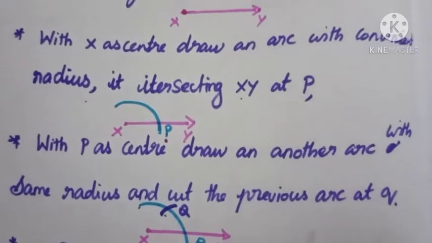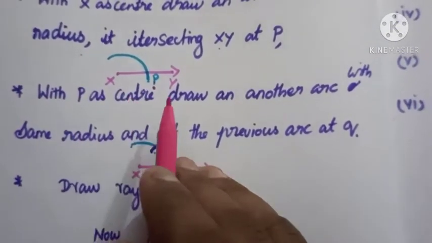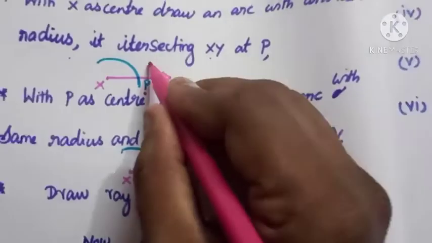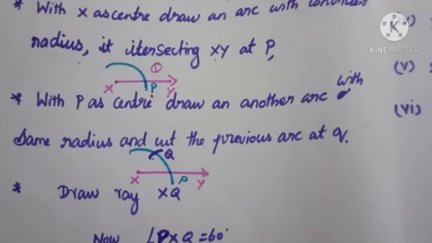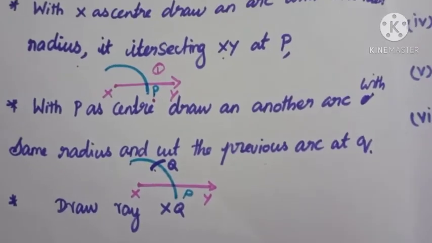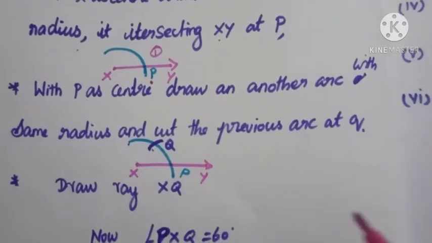After drawing the first arc, next what we need to do, with P as center, draw another arc. This is the first arc, the basic arc, to cut the ray XY at P. And again, now we take P as center.